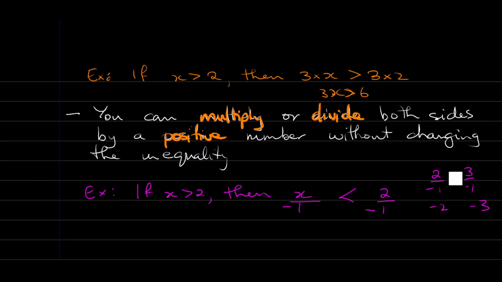Right, so 2 is less than 3 and I divide by negative 1 and I'm going to get negative 2, negative 3. And is it still the case that negative 2 is less than negative 3? No, that's not the case. Negative 2 is greater than negative 3. So that's why we can say with certainty that negative x is going to be less than negative 2.